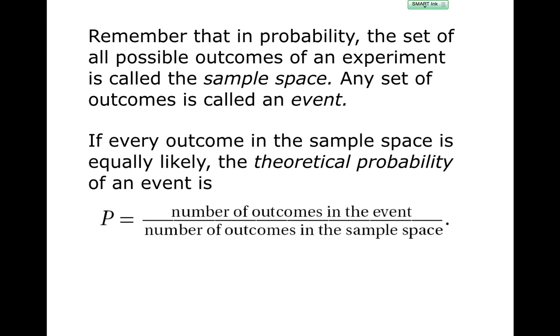Well, if you remember what probability was, probability compares how many ways you can get what you're looking for, like rolling a dice and getting an even number. You would figure out how many outcomes classify as an even number, and then compare that to the total number of outcomes.